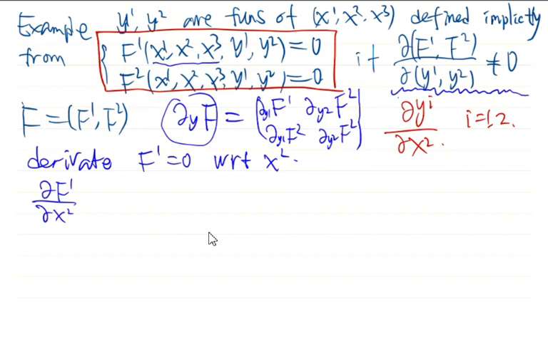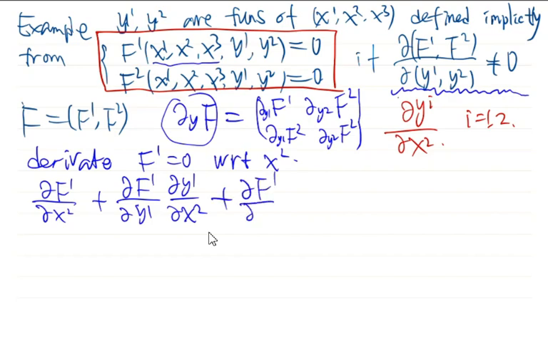Therefore, the derivative of F1 with respect to x2 has nothing to do with x1 and x3. So we have this term. And then we need to compute F1 with respect to y1 and then y1 with respect to x2. This is the chain rule, plus F1 with respect to y2 and then y2 with respect to x2. So this is 0.